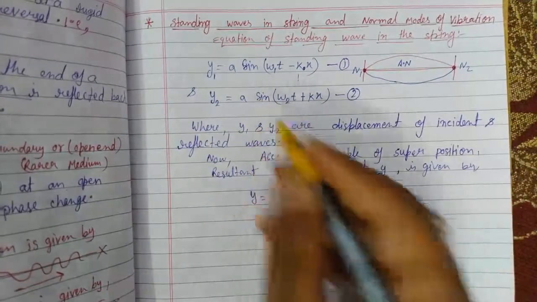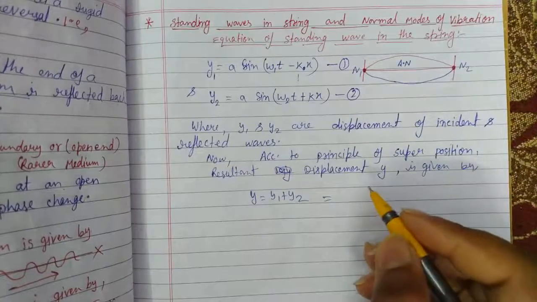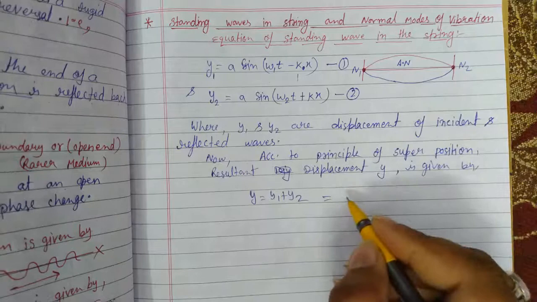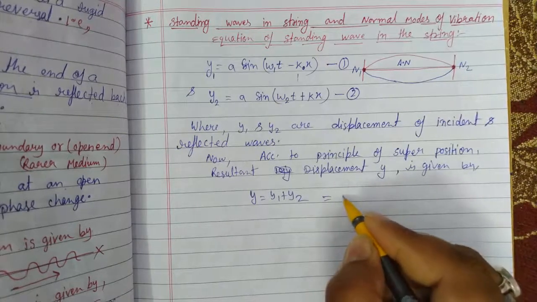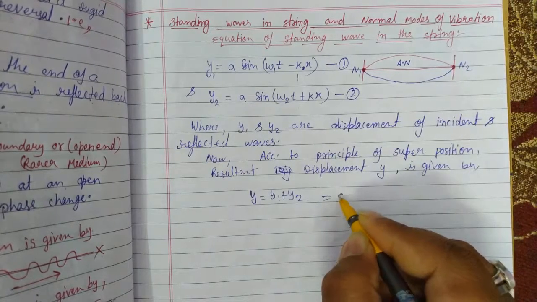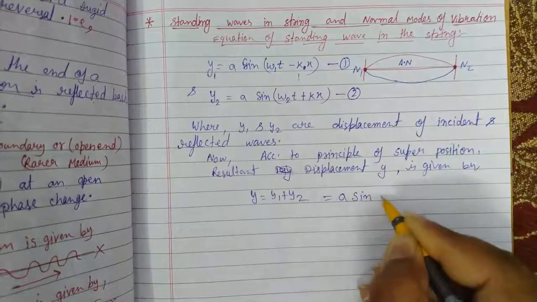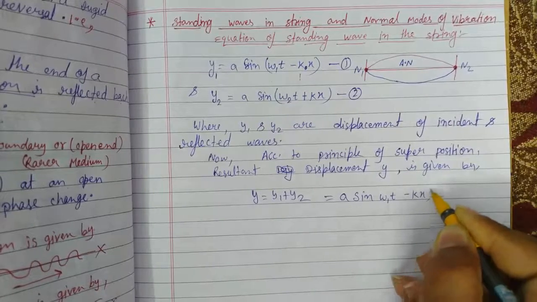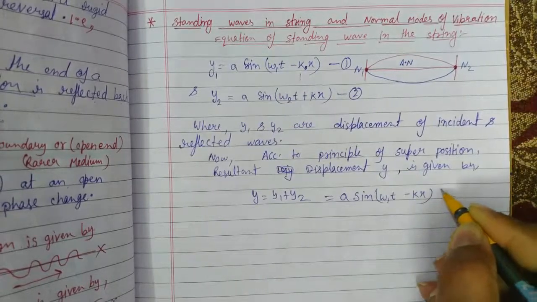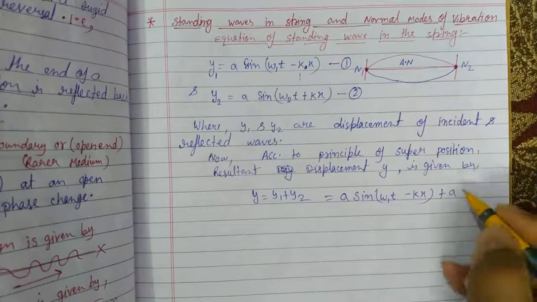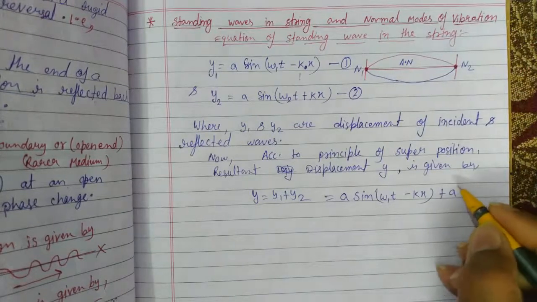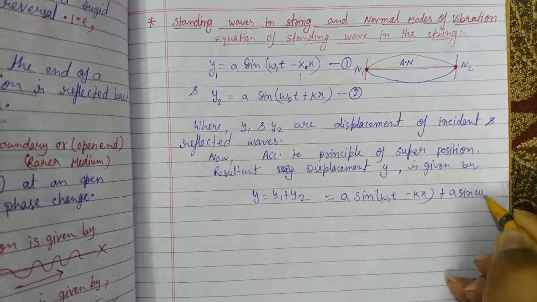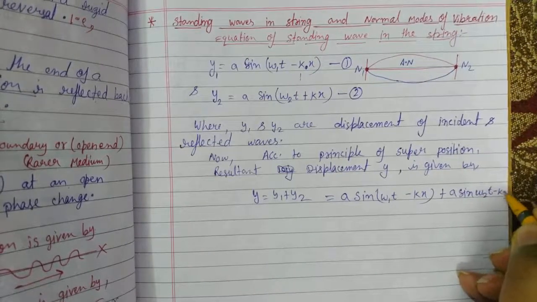Substituting the values, y equals a sine omega 1 t minus kx plus a sine omega 2 t minus kx.